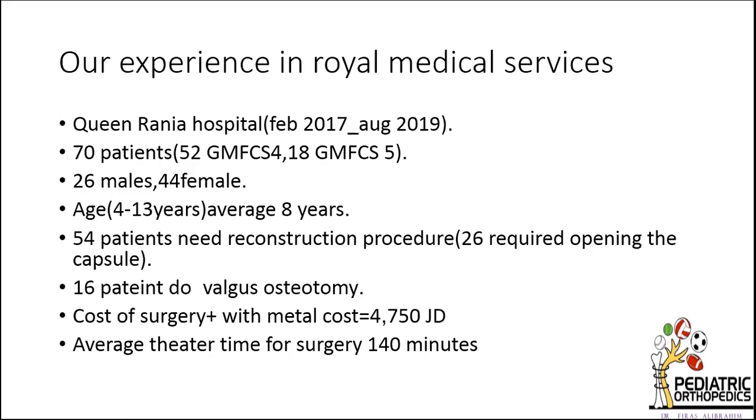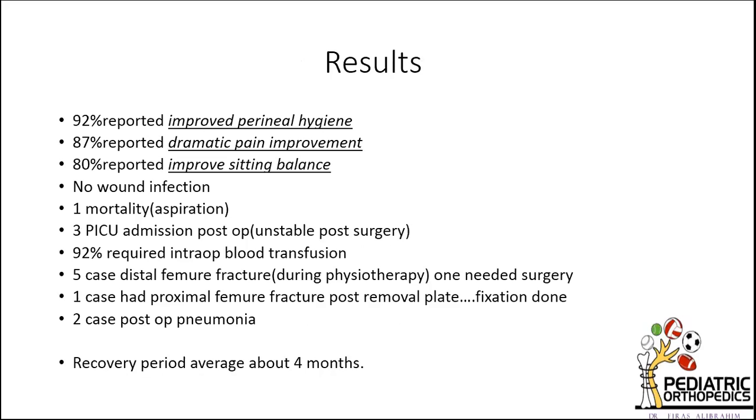Cost of the surgery with metal was about 4,750 JD. Average theater time for the surgery was 140 minutes. The result was 92% reported improved perineal hygiene, 87% reported dramatic pain improvement, while 80% reported improved sitting balance.